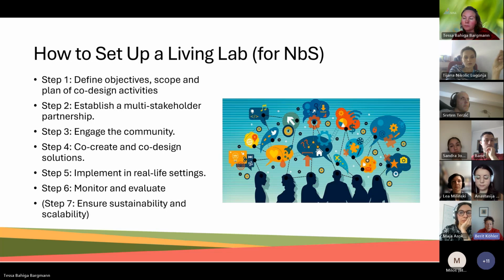And then, as a next step, one would think about which stakeholders to involve and establish a multi-stakeholder partnership, take contact and engage the community. And then one would conduct these co-creation and co-design activities, find the specific solutions and implement these solutions in real life settings.